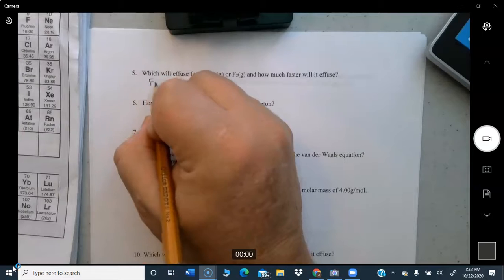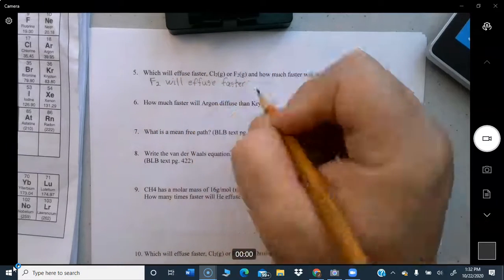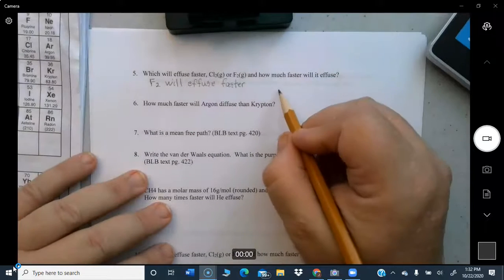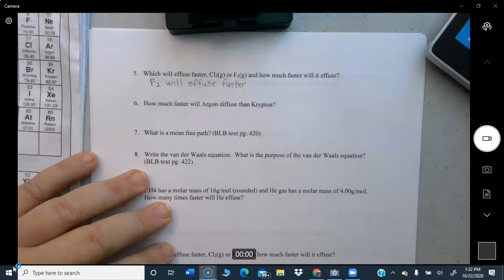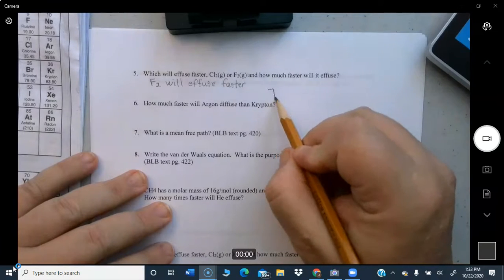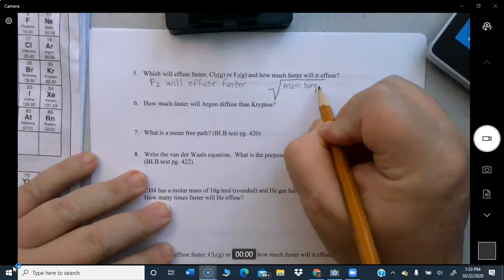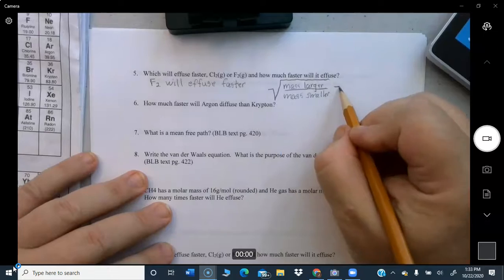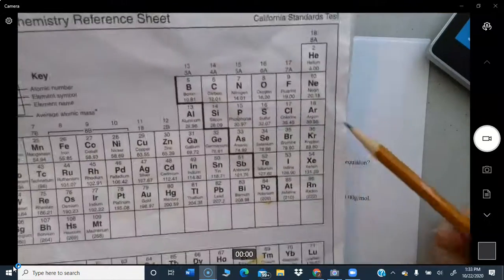So F2 will effuse faster. And Graham's law of diffusion says that the relative speed, in other words, how much faster the smaller one will move than the larger one, is given by this formula. Okay, so the larger one, now I gave you the mass of a single atom, but these are actually diatomic molecules.